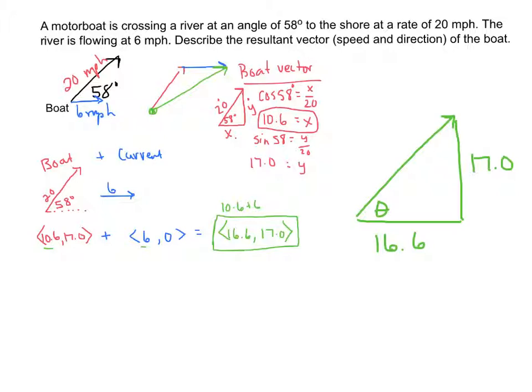So to figure out the magnitude, I'm going to do Pythagorean theorem. 16.6 squared plus 17.0 squared equals c squared. So I'm going to type that into my calculator. And I get c equals 23.8 approximately.